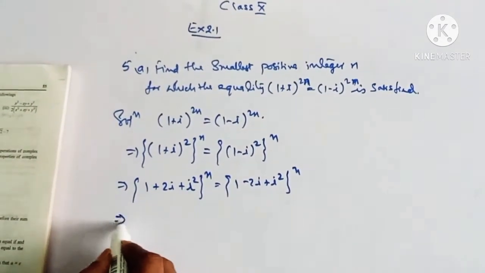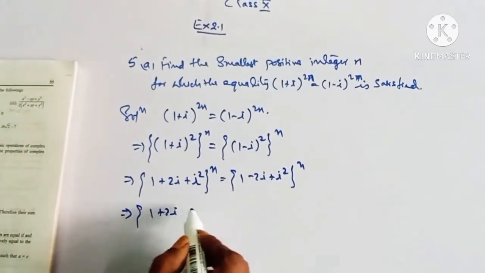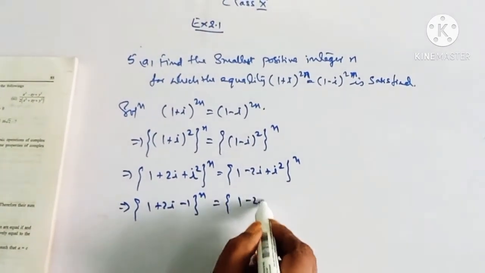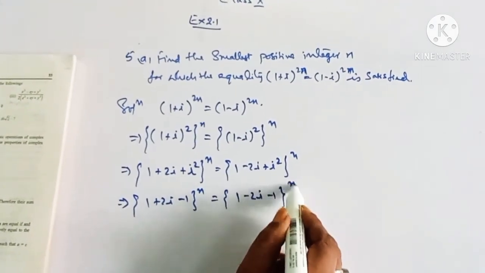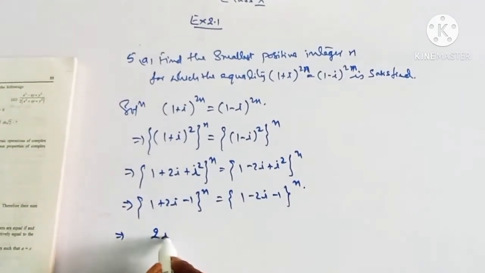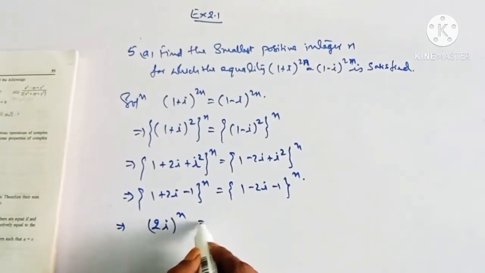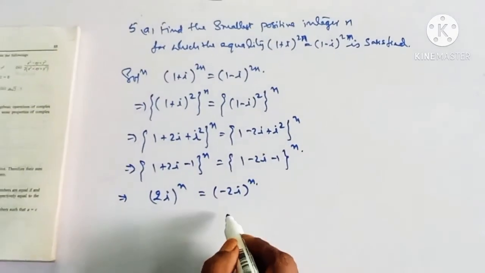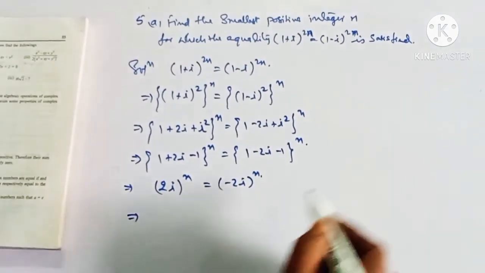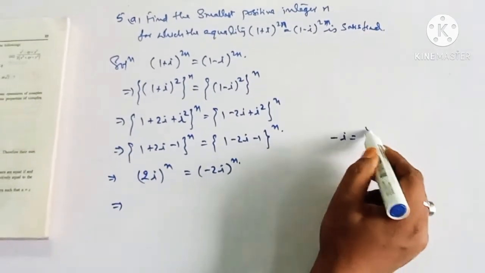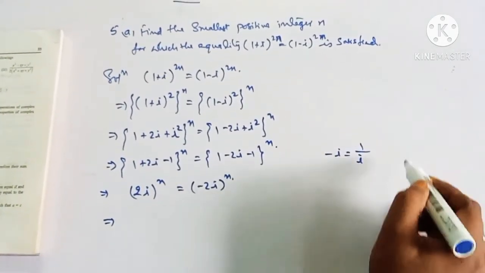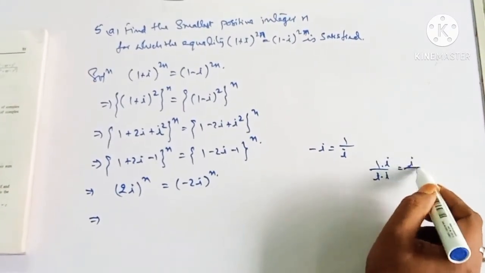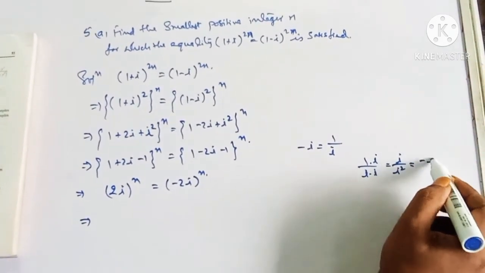So 1 plus 2i minus 1 to the whole power n, 1 minus 2i minus 1 to the whole power n. So 2i to the whole power n is equal to minus 2i to the whole power n. Now to solve this I have to apply one technique. The technique is minus i can be written as 1 by i, because you see 1 by i, rationalize it, i by i square, this is equal to minus i.